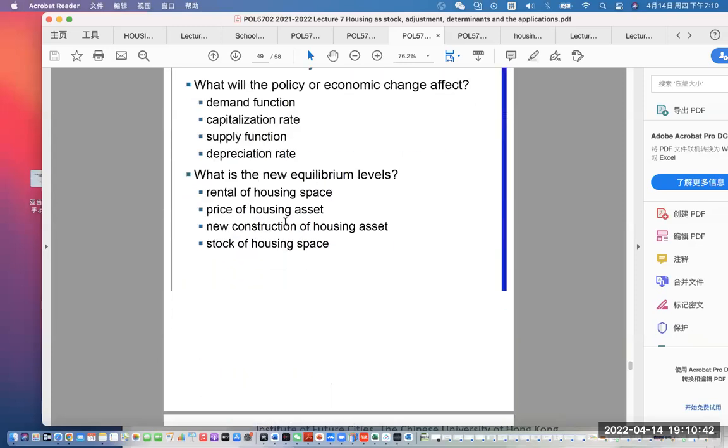How to carry out the prediction by using the new demand, the capitalization rate, the supply function, the depreciation ratio, etc. So all of this will give you a profile of understanding how to calculate the new equilibrium levels between the rent of housing space, to assess the price of the housing asset, and to evaluate the new construction of housing assets and the stock of housing space, etc.